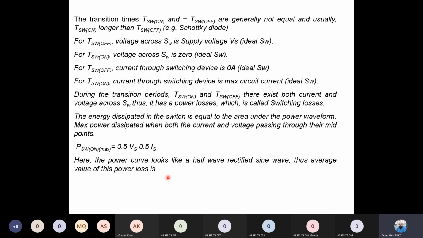But for the average value, this is a half wave rectified sinusoidal. You would have studied in sinusoidal waveforms that its RMS value is also found. For the RMS value, we multiply the peak value by 0.707. If you want the RMS value from the sinusoidal voltage, you multiply the peak value by the constant 0.707. Similarly, to find the average, here the power curve looks like a half wave rectified sine wave. Thus the average value of this power loss is, for the average we multiply by 0.637 the P switch on maximum, that is, the peak value, 0.637. The peak value is 0.5 times 0.5 VSIS. When you multiply, this value will be approximated as 1/6 VSIS.